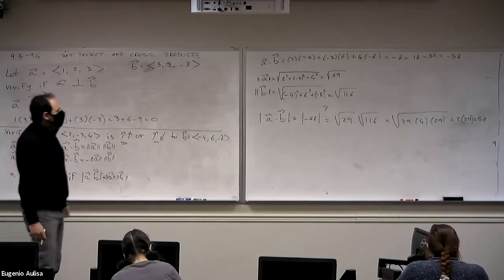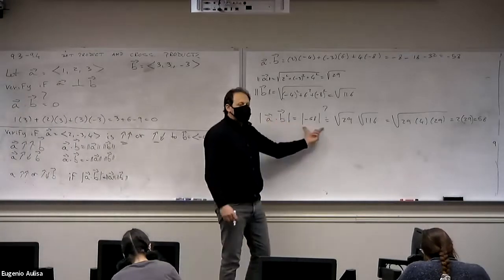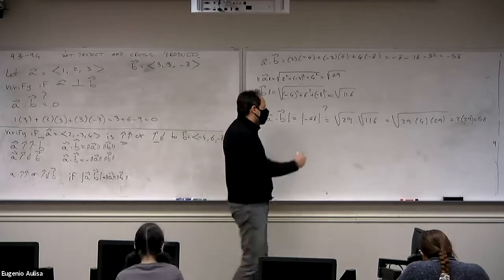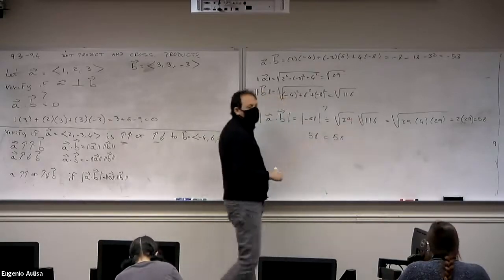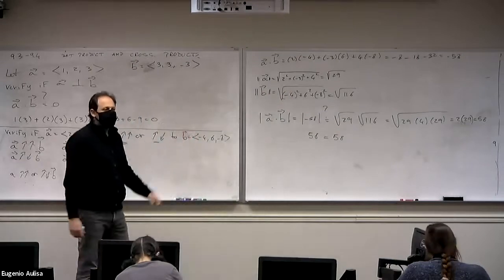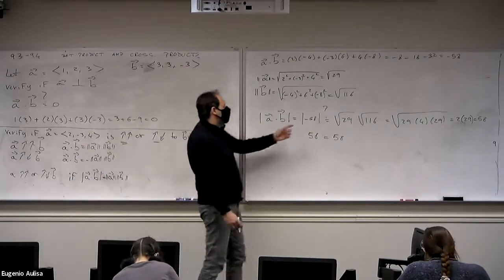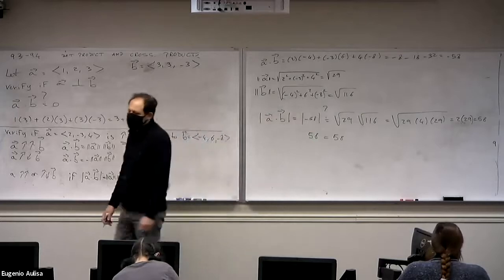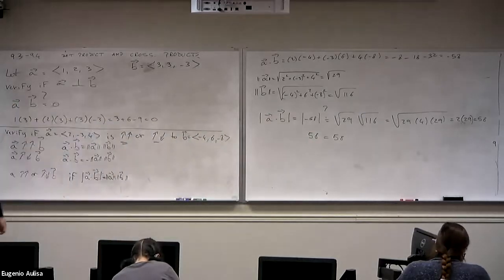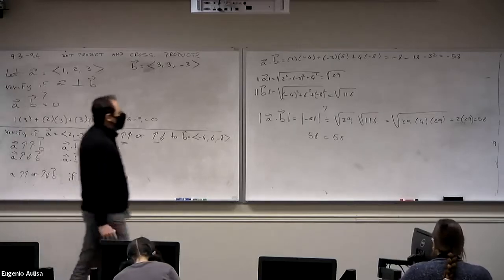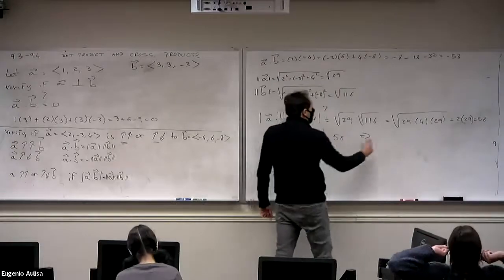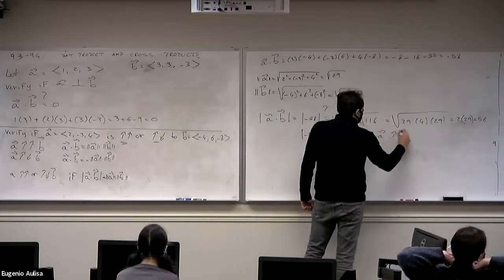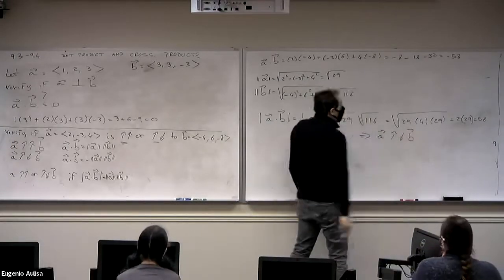So you see that the absolute value of negative 58 is equal to this product. So this is true. It means that the two vectors are anti-parallel because we have to change the sign of the dot product. Make sense? So this implies, let's put a minus, that A and B are anti-parallel.